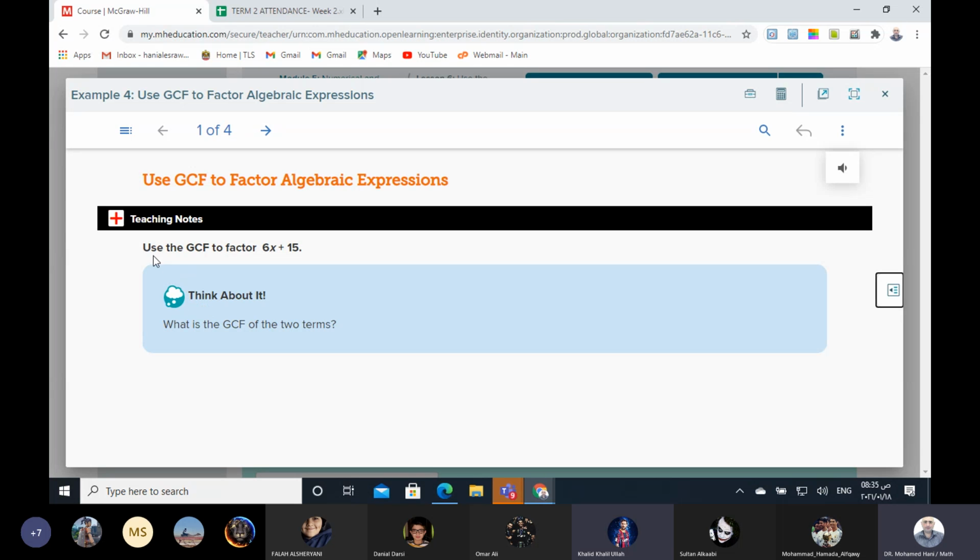The question now: use the GCF to factor 6x plus 15. You have 2 minutes. Try, please, and tell me your answer.